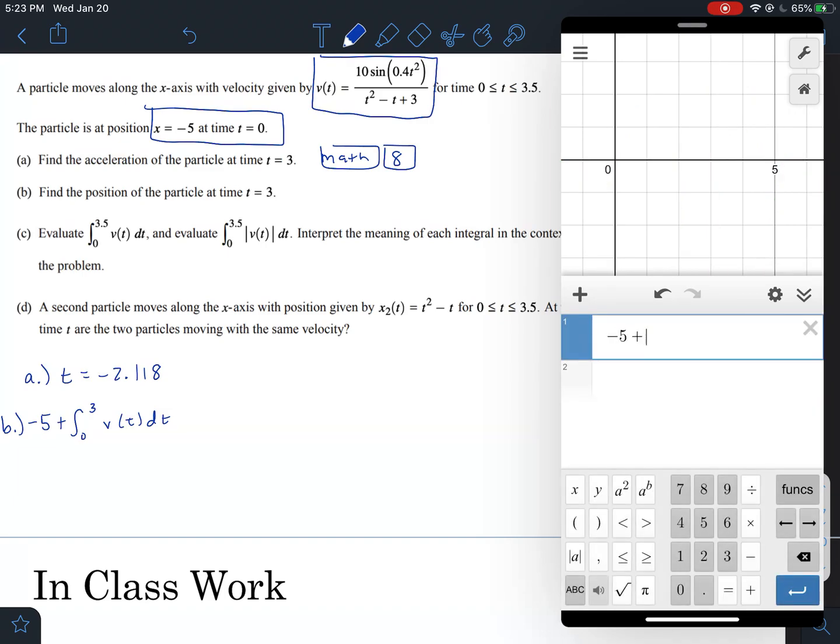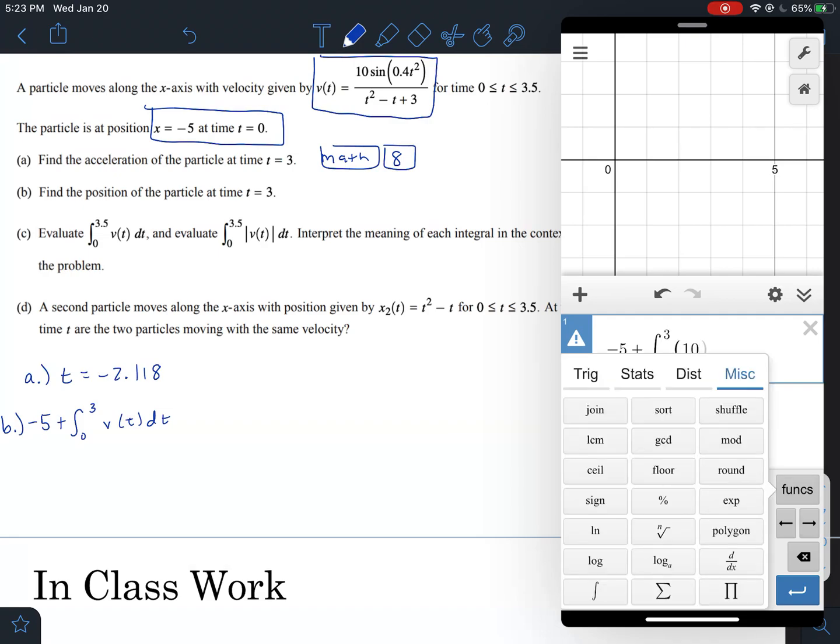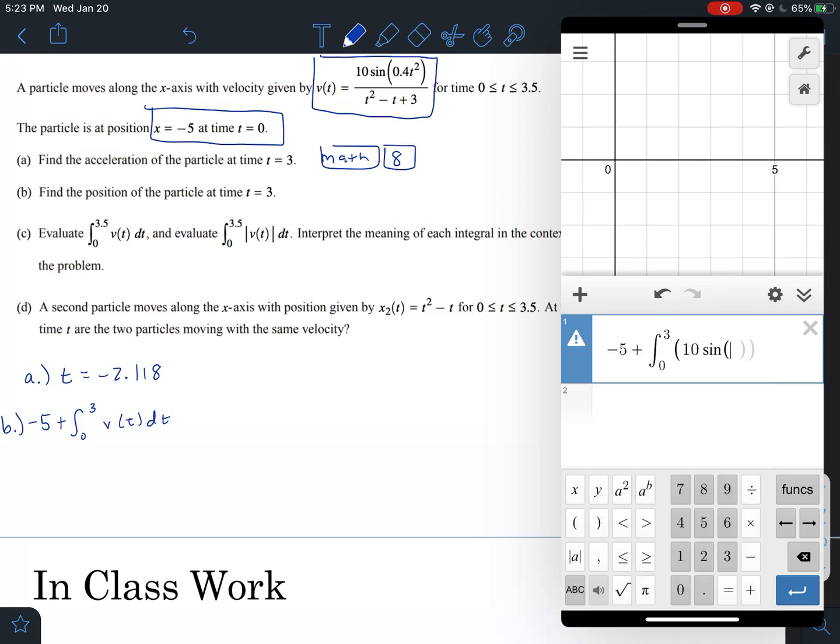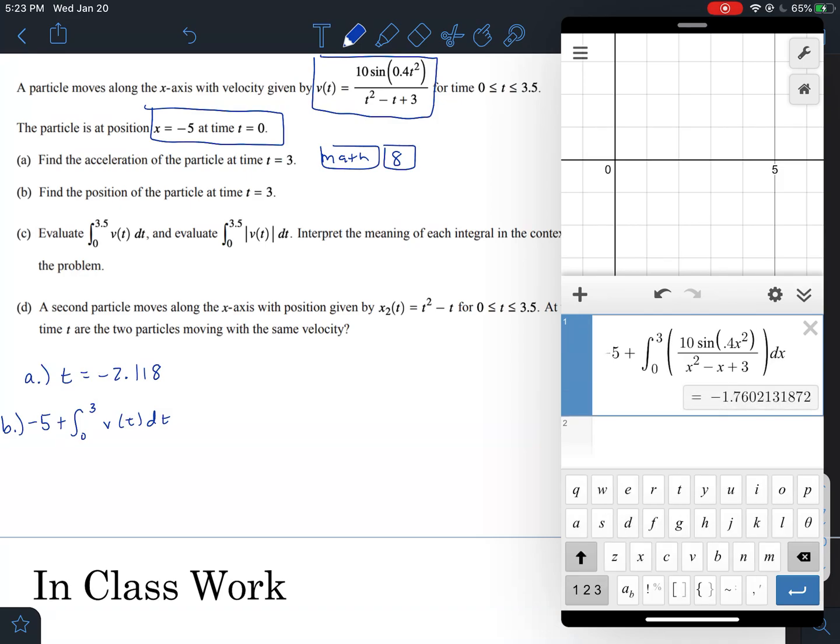So we're going to take negative 5 plus the integral, between 0 and 3, of 10 sine of 0.4 x squared divided by x squared minus x plus 3, dx.